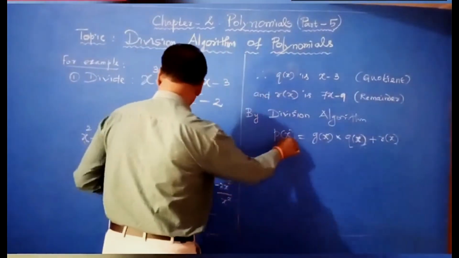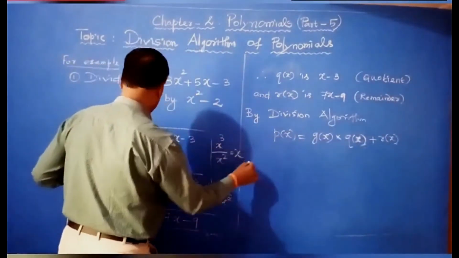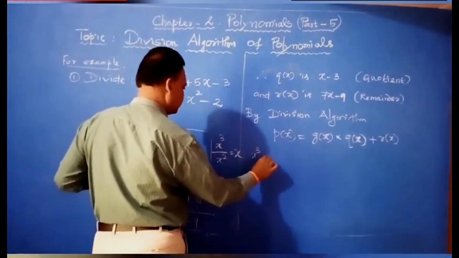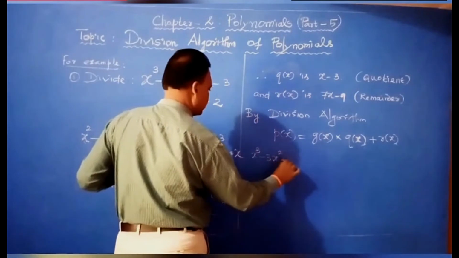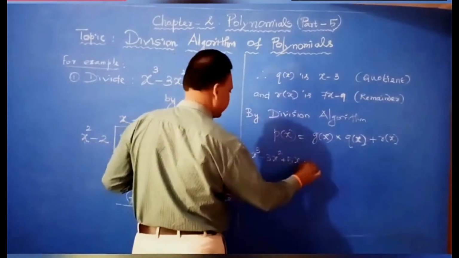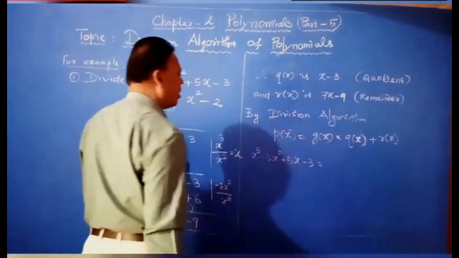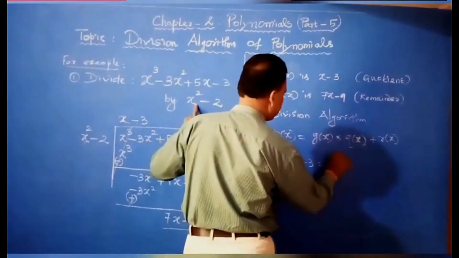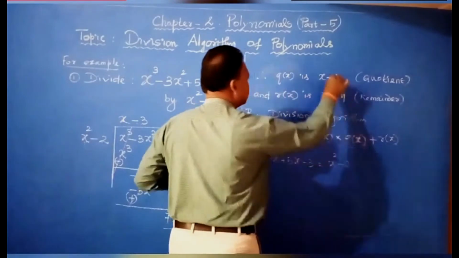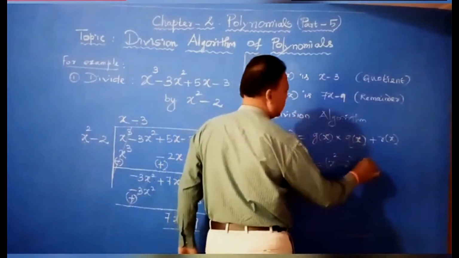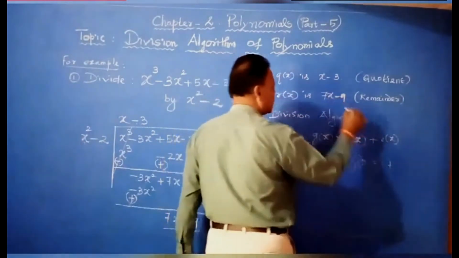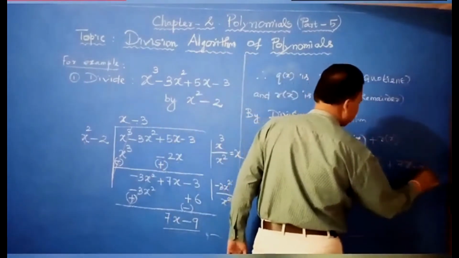Now substitute the value here. So what is p of x? x cube minus 3x squared plus 5x minus 3. That is equal to g of x, which is x squared minus 2, into q of x, we know, that is x minus 3, plus r of x, which is 7x minus 9.